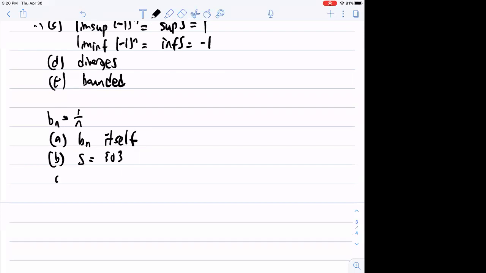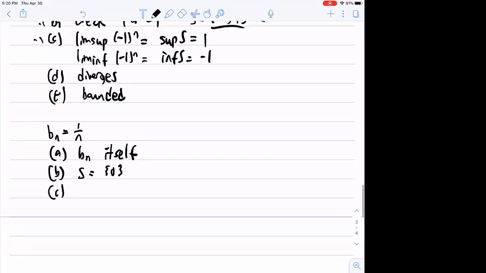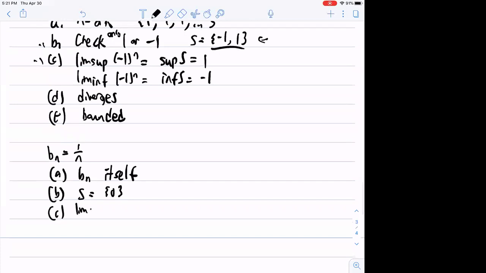In this case you can do either. For lim sup as n goes to infinity of 1 over n, since the limit exists, you can use the theorem that says the lim inf equals the lim sup equals the limit if the limit exists, and it is 0.